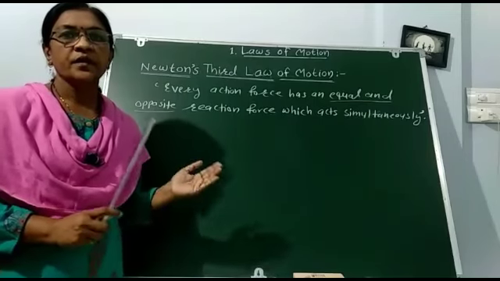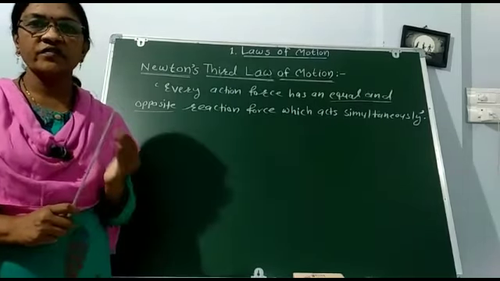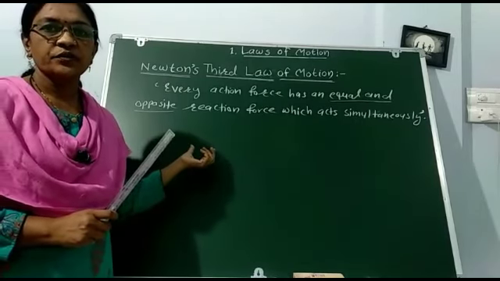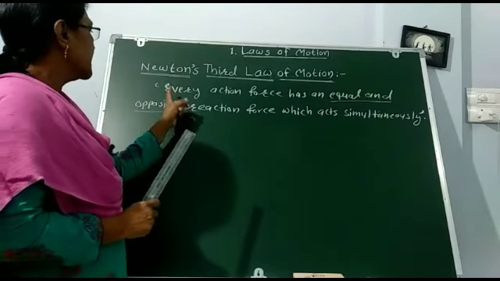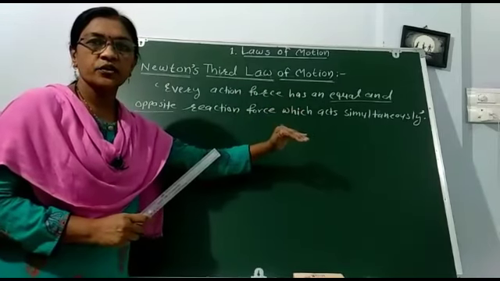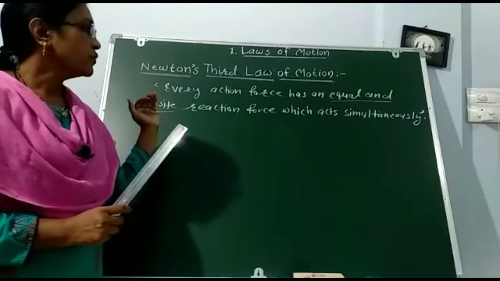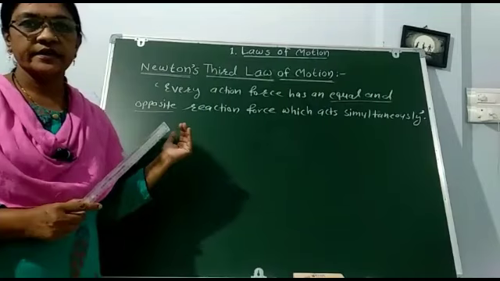In this way, firing a bullet from a gun and the mechanism of a rocket are also examples of Newton's third law. What is Newton's third law? Every action force has an equal and opposite reaction force, and both forces act on each other simultaneously.